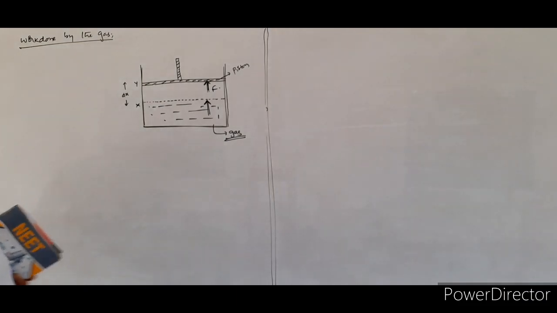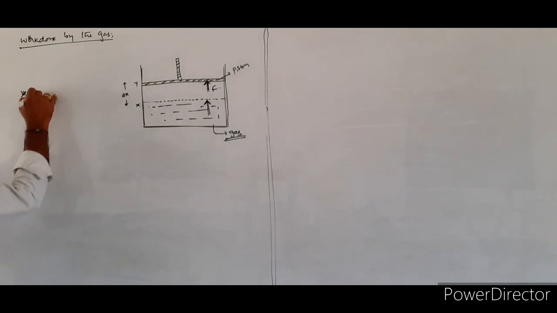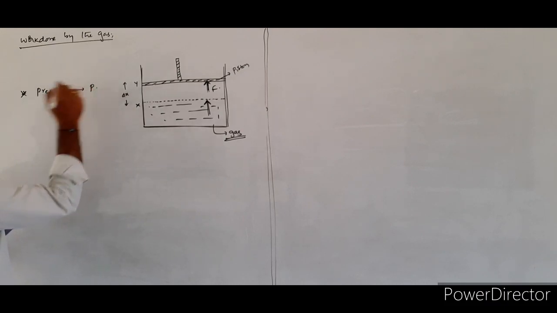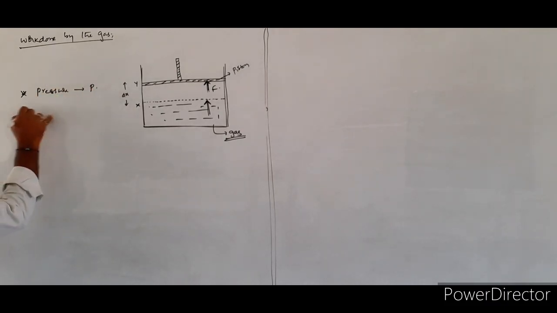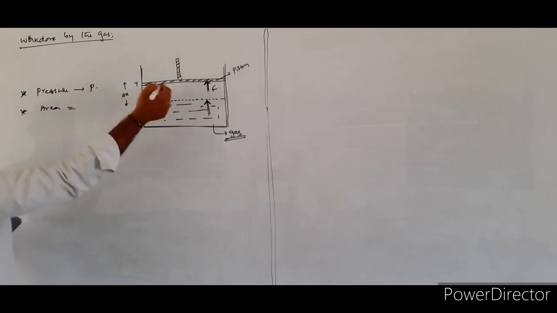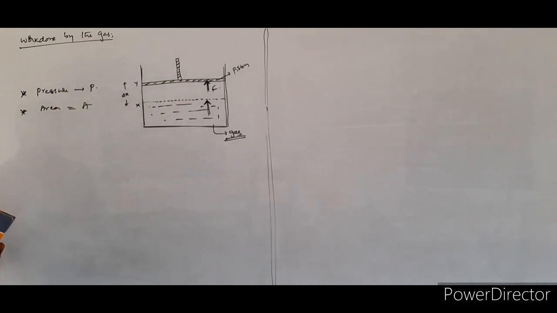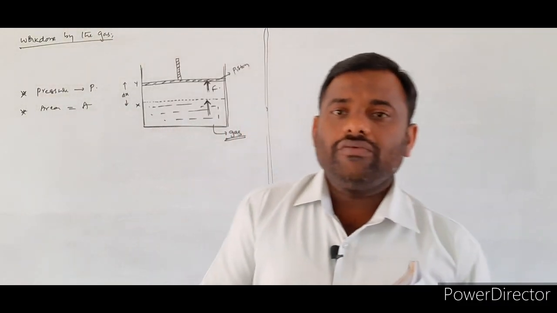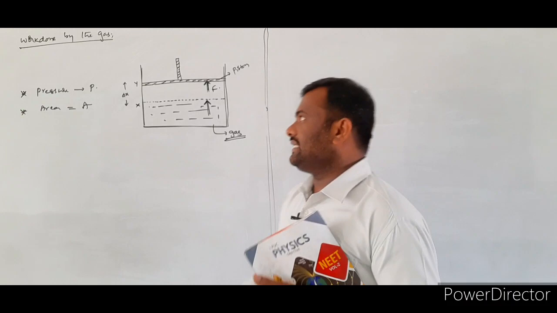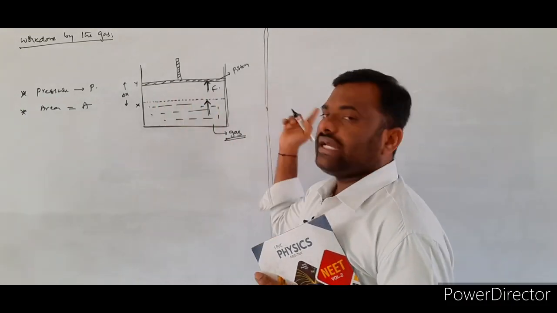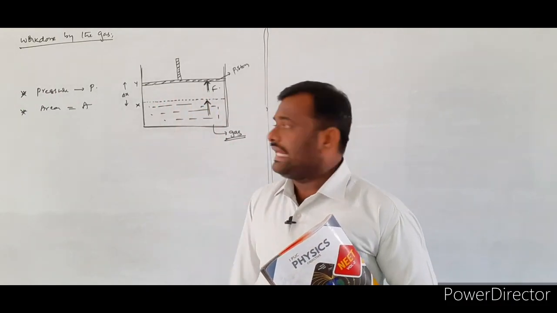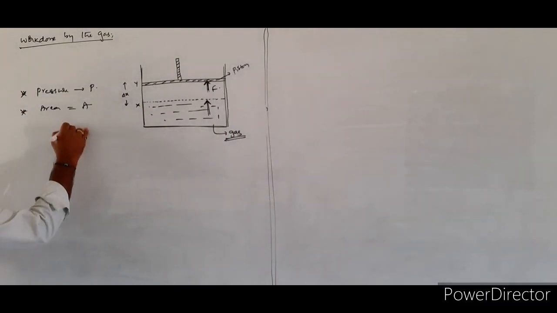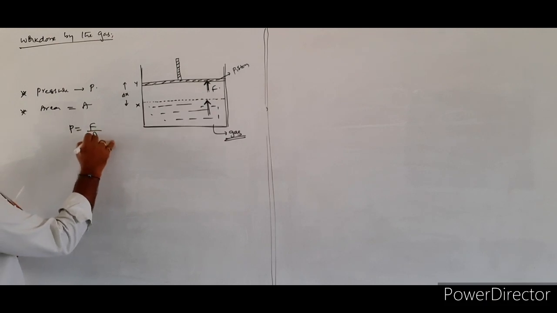Here I am assuming that the pressure of the gas is equal to capital P, and the surface area of this piston is equal to capital A. So let P indicate the pressure of the gas filled within the cylindrical vessel, and the area of cross section of the given piston is capital A. From the definition of pressure, pressure is equal to force acting per unit area.